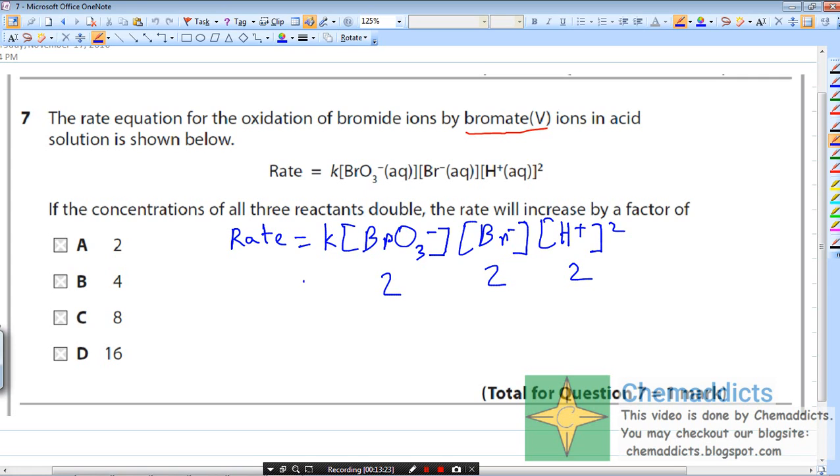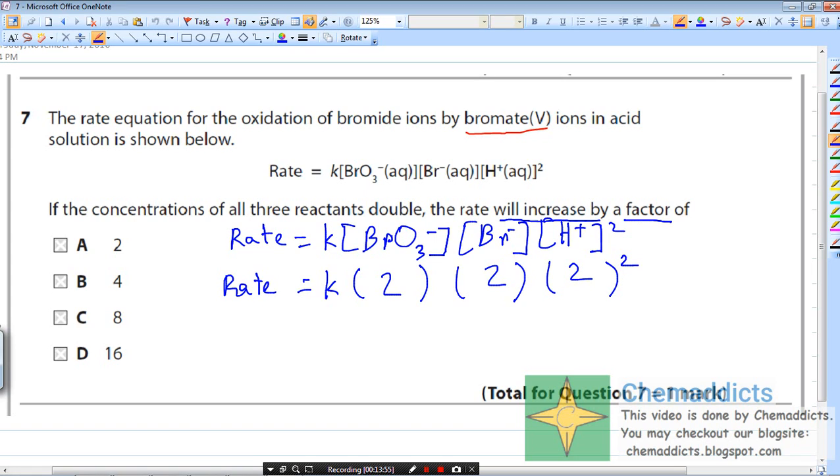Here we just need to find the factor by which the rate will increase. So the rate will increase by which factor? We just leave the k as it is, since these are all in product form. Just writing this in product, keeping the square.